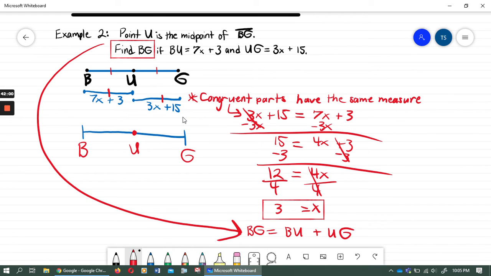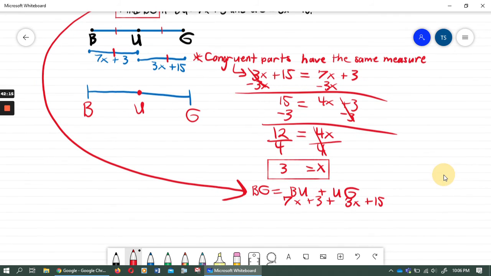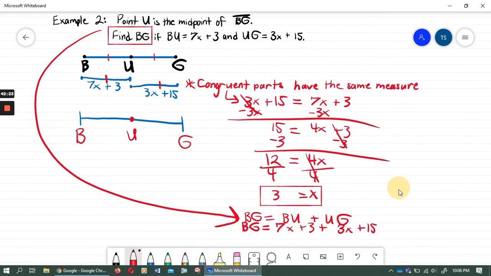Which means that it has to be 7x plus 3 plus 3x plus 15. So again, the length of segment BG is those two parts added together.